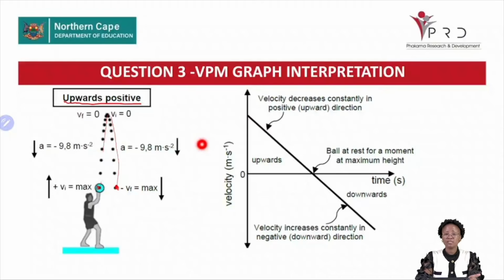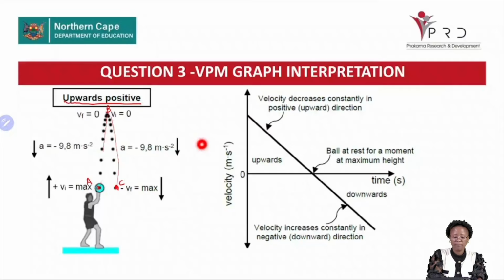So how do you interpret the following scenario, looking at all the variables that you know under vertical projectile motion? Normally I'm going to label this one A, this one B, and this one C, just to help you as you are going through the explanation. Remember, we said upwards is positive.